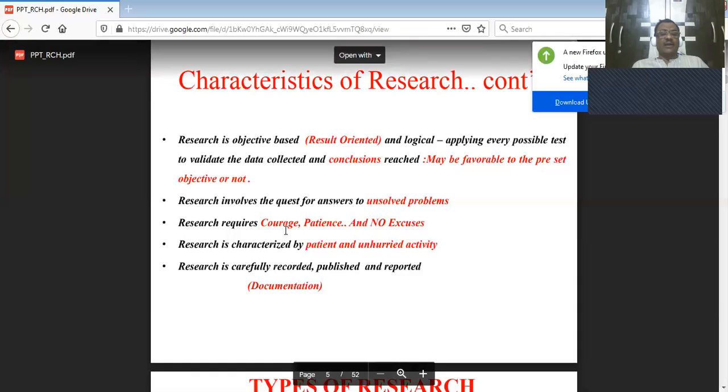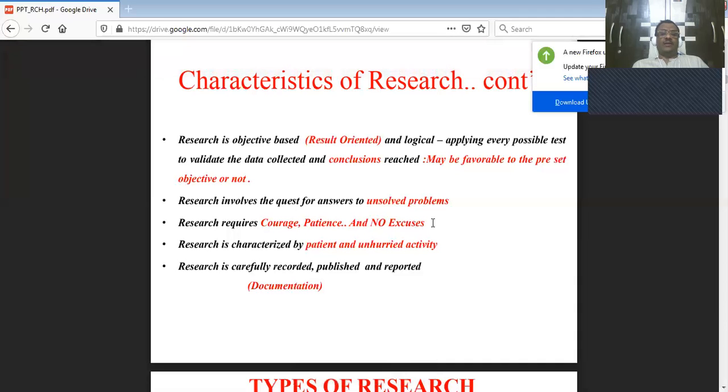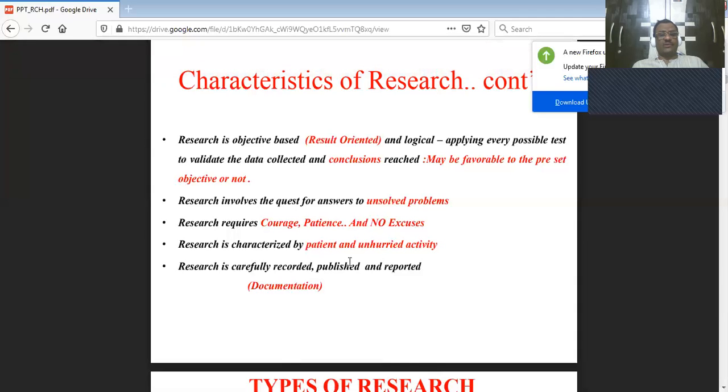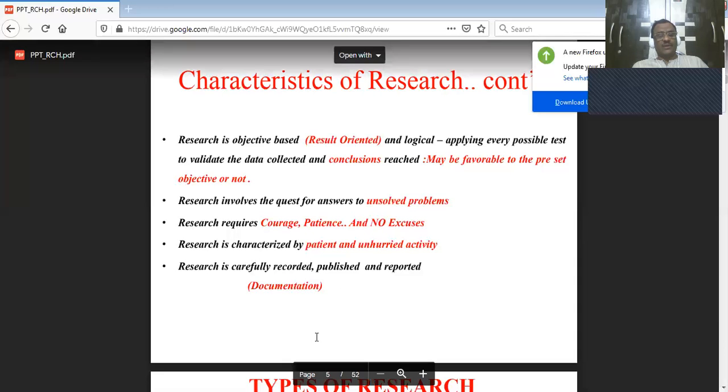And ultimately, having this courage, patience, and no excuses, and having its own course of action as a kind of time based, the next is about documentation. Research is carefully recorded, published, and reported.